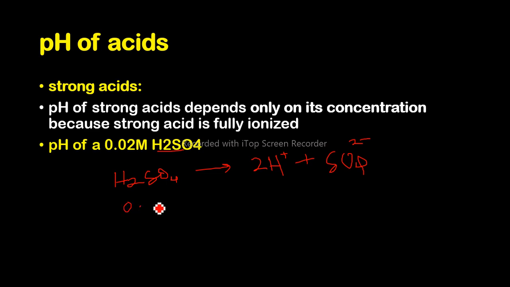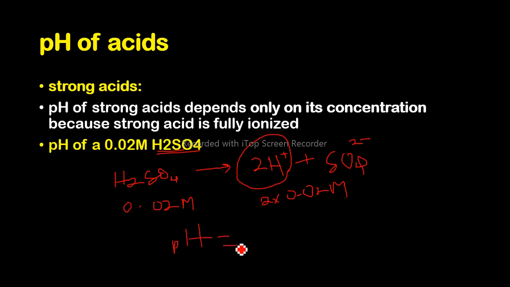If you have a 0.02 molar solution of sulfuric acid, you produce 2 times 0.02 molar concentration of hydrogen ions. So the pH here is simply negative log to base 10 of 0.04, and what you get is supposed to be your answer. And pH has no units because it's a logarithm. You're not supposed to put any units.